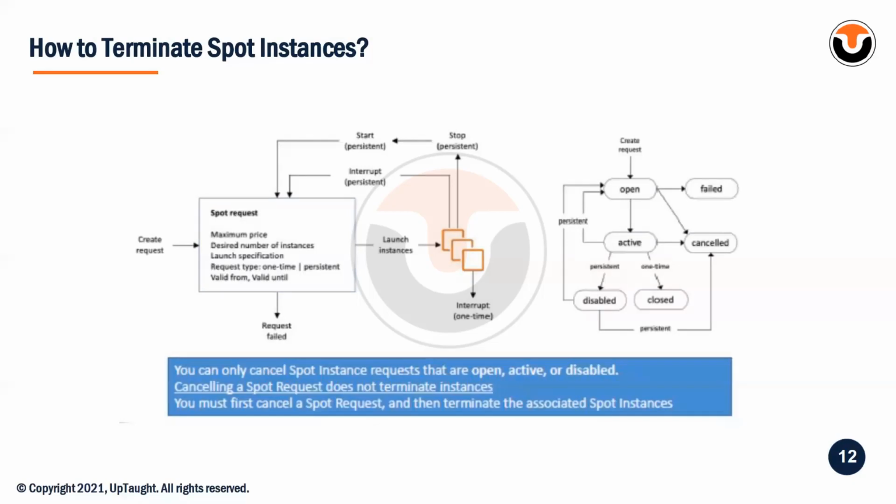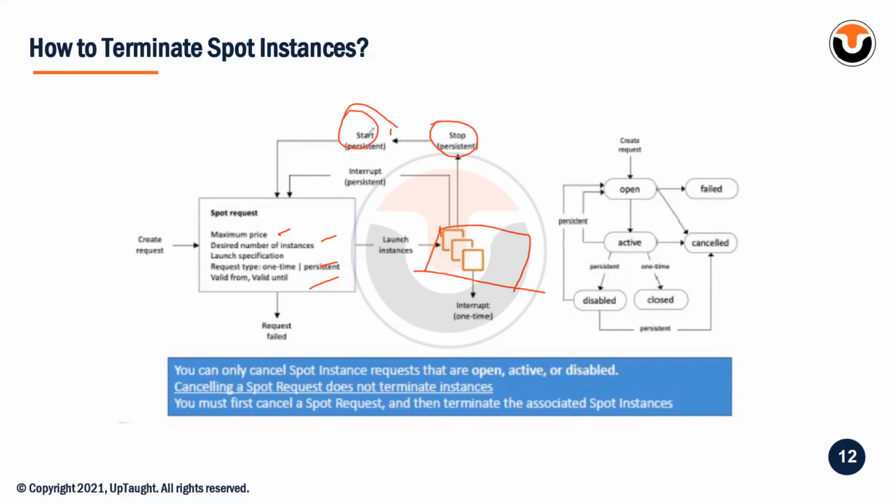Okay. So when you are launching an instance here, you've got a maximum size, number of instances, all those things you set. When these are launching instances, you go on stop, then start.